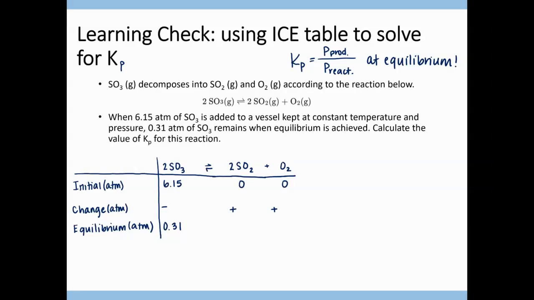To go from 6.15 to 0.31, we have to remove some reactant. So with that, we have the signs for change. Now we just need x and any coefficient. We have a coefficient of 2 for SO3, so the change is minus 2x. Coefficient of 2 for SO2, so the change is plus 2x. And a coefficient of 1 for O2, so just x here.